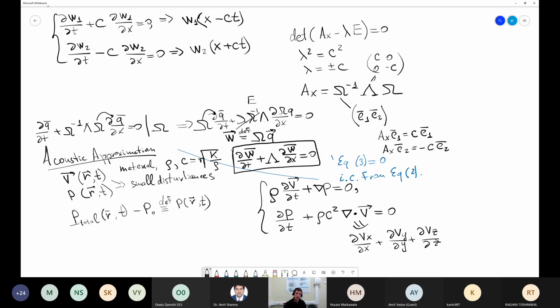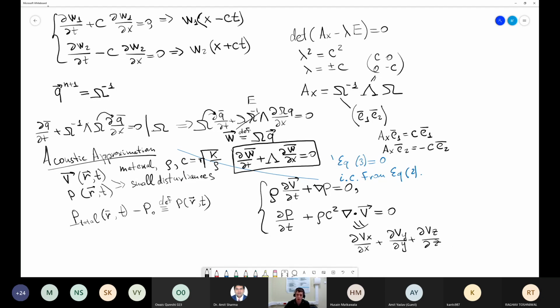So if we know at the previous time layer the values of w1 and w2, we can calculate the values of w1 and w2 at the next time layer. And we can go back: q, the vector of unknown functions, pressure and velocity, at the next time layer is omega minus 1.